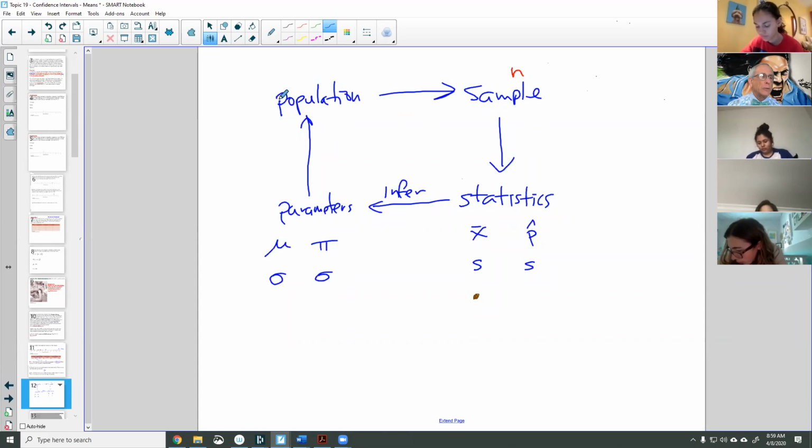Parameters deal with populations. These are my P's. Statistics deal with my samples. These are my S's. I kind of like the way this flows.